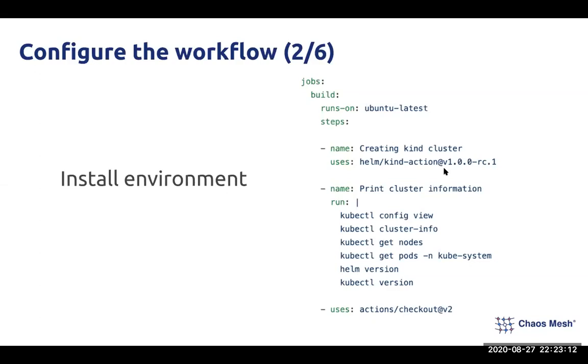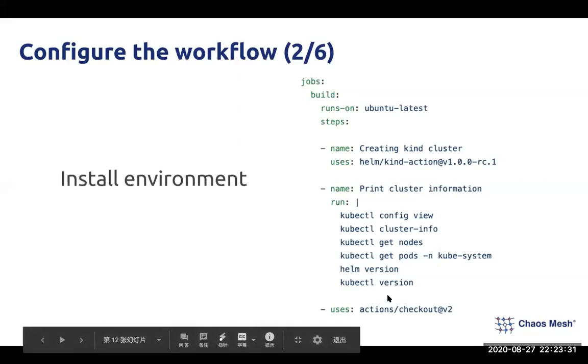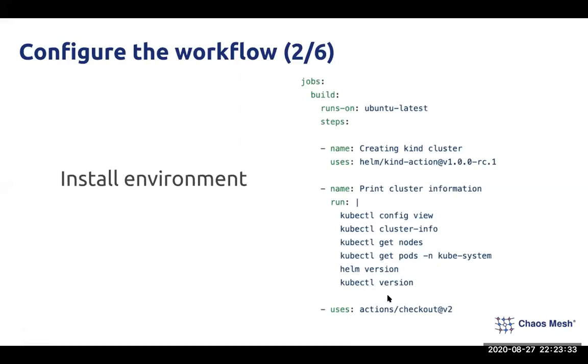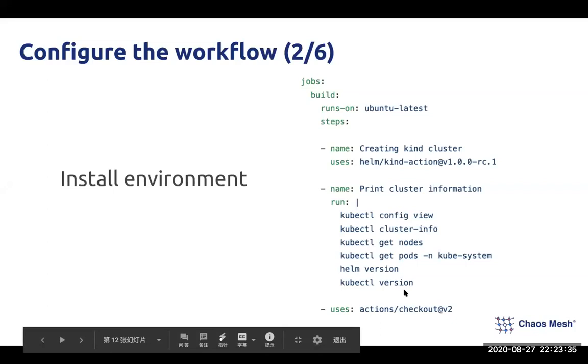Kind means Kubernetes in Docker. And then we will print this cluster's information for debugging, like the configuration of this cluster, or some regions. And we will check out this repository, and then we can use the code in this repository later.